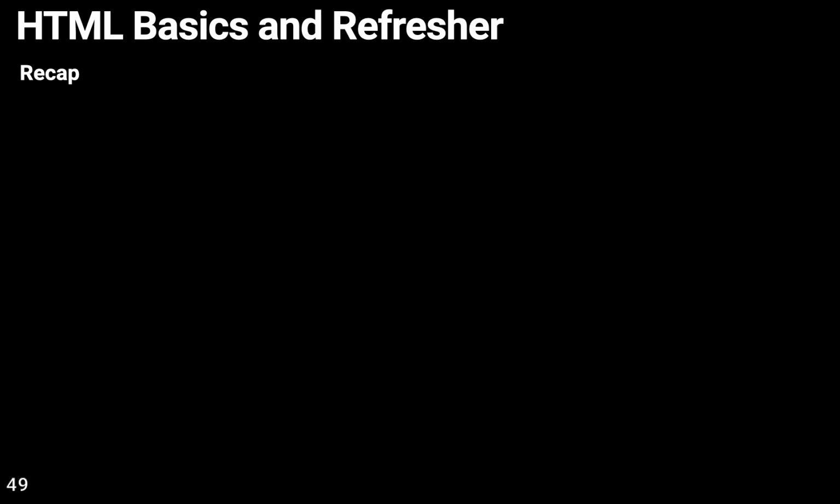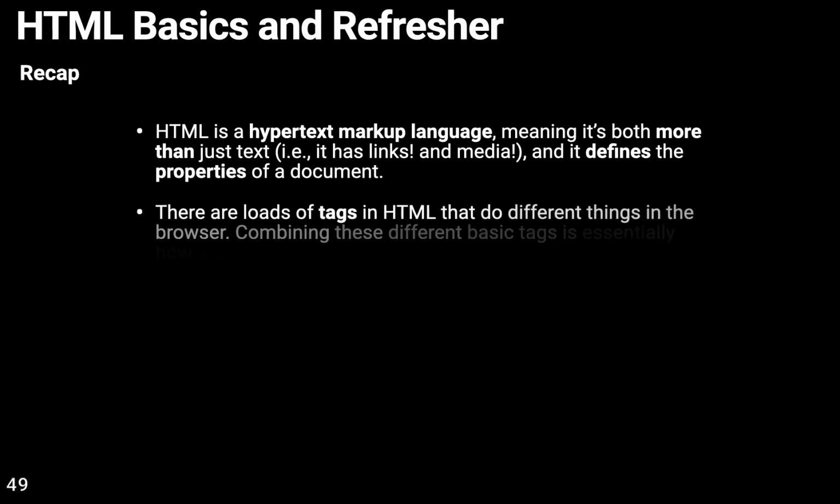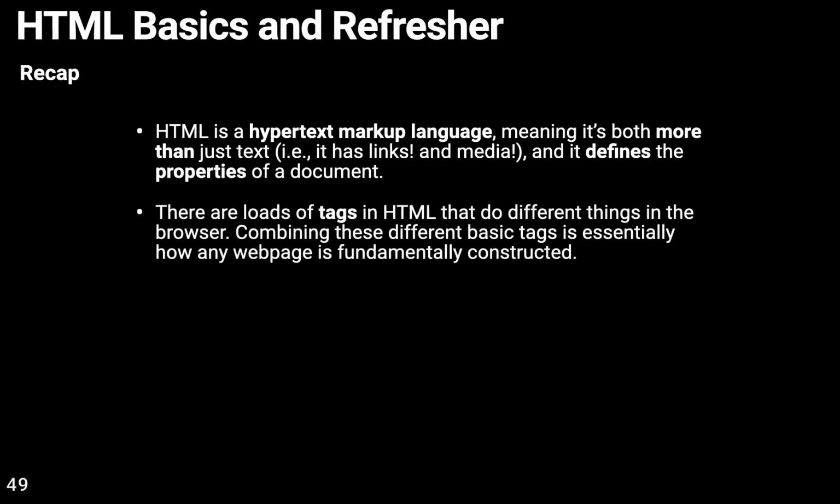Let's recap real quick what we covered today. HTML is a hypertext markup language, meaning it's more than just text, and it defines the properties of the document. There are loads of tags in HTML that do different things in the browser. Combining these different basic tags is essentially how every web page is fundamentally constructed.